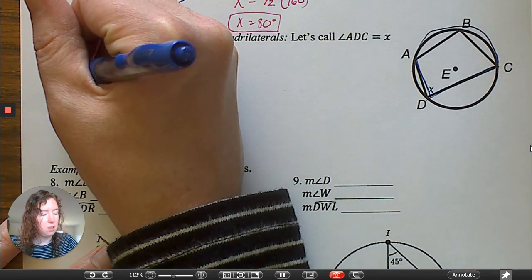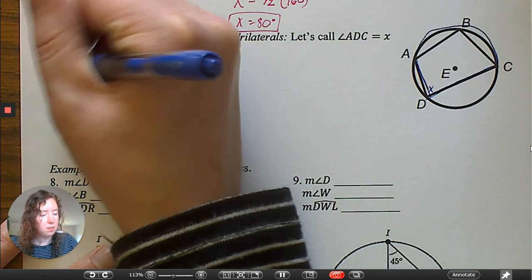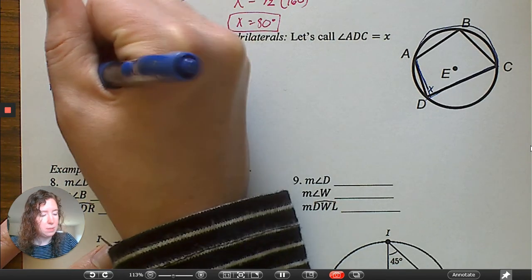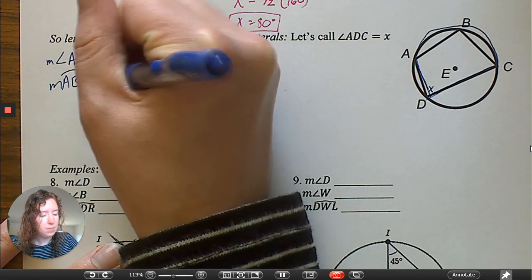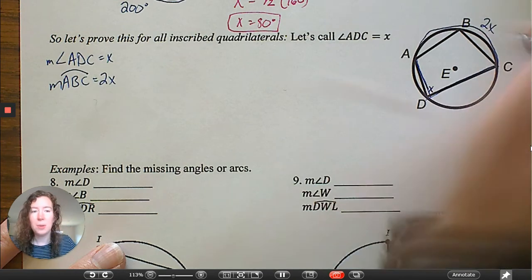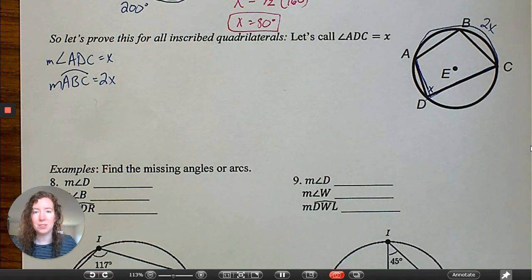So let's call the measure of arc ABC 2x, because the intercepted arc is always double the inscribed angle.